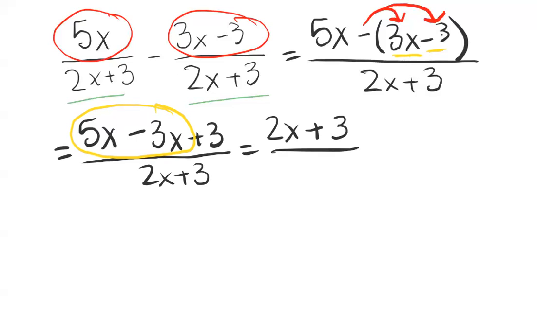Okay, and then we're going to have 2x plus 3 in the denominator. And since those are the same, of course, our answer is simply going to be 1. And so that is our review of addition and subtraction for rational expressions with like denominators.